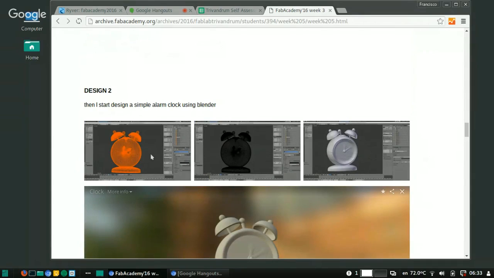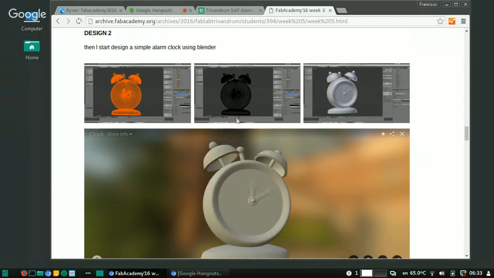So, Rashid, also, this thing you are showing here is a single mesh. And this is the patched mesh.